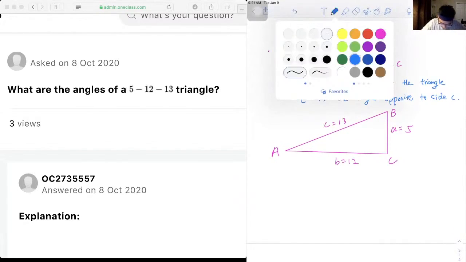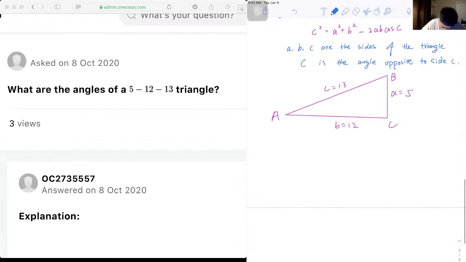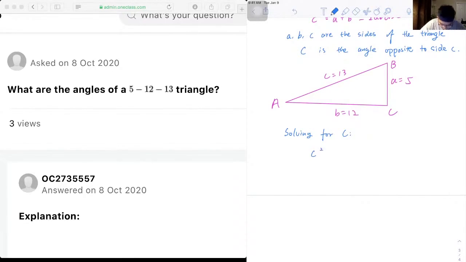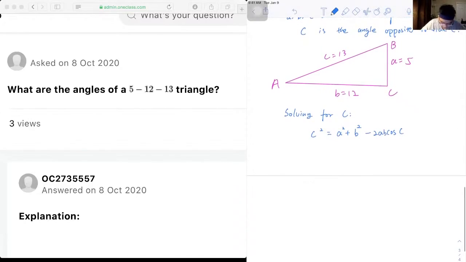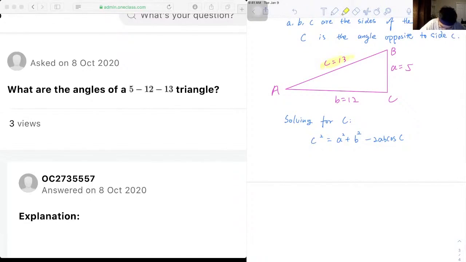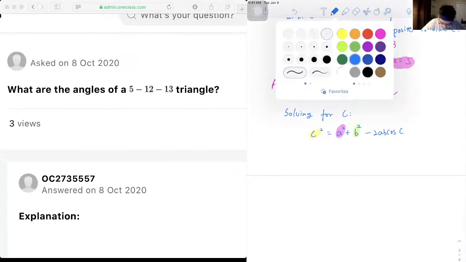So solving for C, c squared is equal to a squared plus b squared minus 2ab cosine C. Then we just substitute the numbers in. We know c is equal to 13, b is equal to 12, and a is equal to 5.